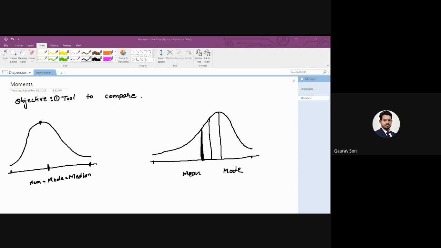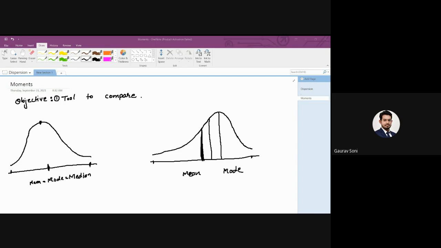So the curve, as you see, is stretched on the left hand side. This shifting of the curve, wherever it is shifted, either on the left or on the right, is called the skewness. Skewness of a data can be studied using the moment.